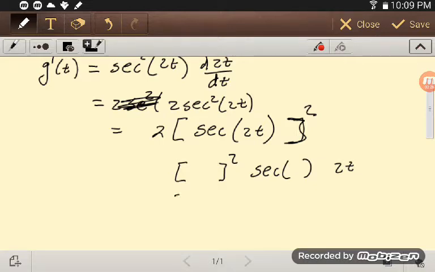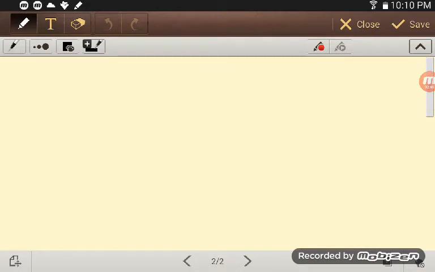So squaring function, that's pretty straightforward. 2 to the 1. The secant function, gosh, good question. I think that's something like secant tangent. Well, I'm going to go over here to another page because I don't remember. You say, well, gee, why don't you remember?